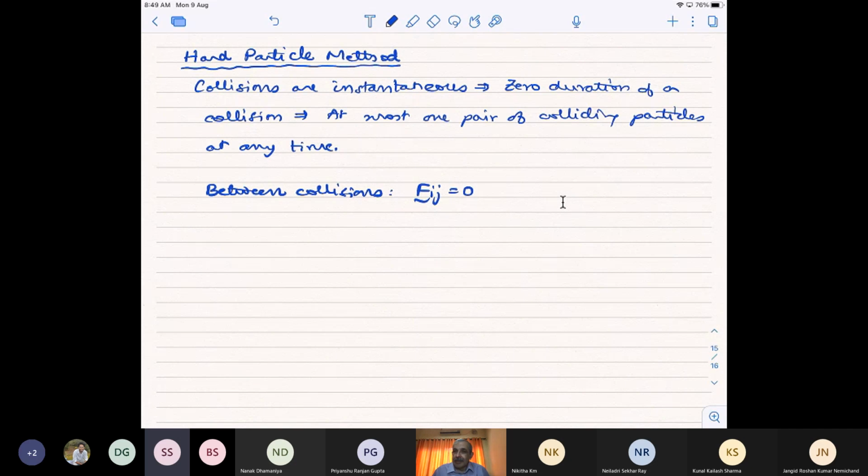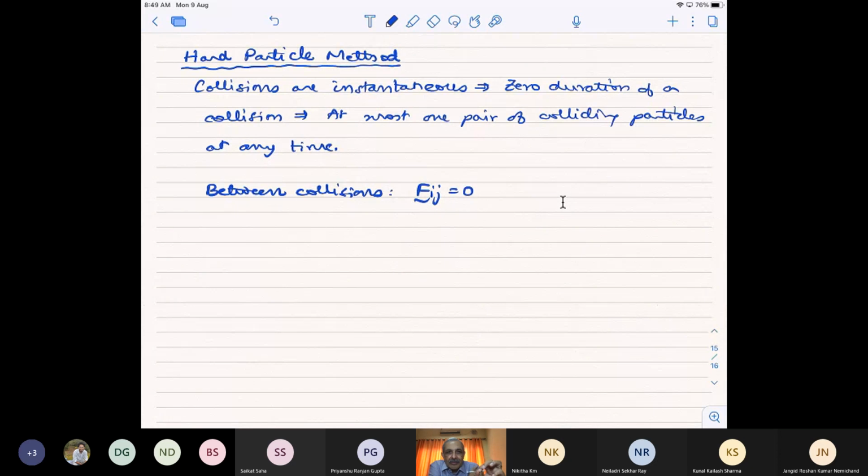Can you please explain that term, that zero duration term? That's the assumption: if you say that the collision is instantaneous, that the time of collision is zero, you will understand as we go through the derivation why two collisions can't happen at the same time.